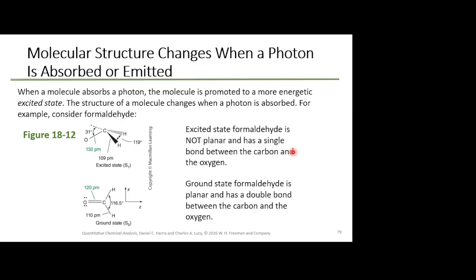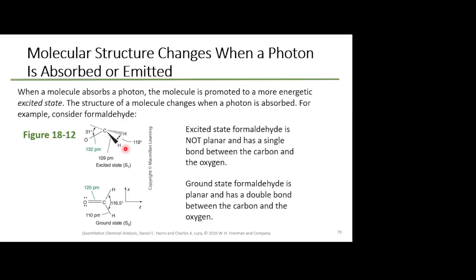So when a molecule absorbs a photon, the molecule is promoted to a higher energy excited state. The structure of your molecule is going to change when the photon is absorbed. In this case, we have our excited states here, and this is more along the lines of a higher energy photon.